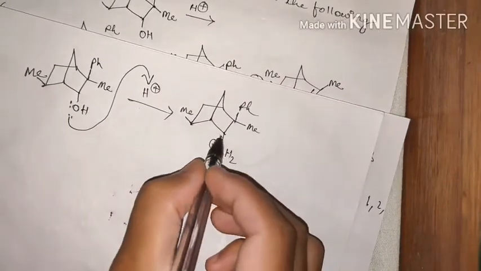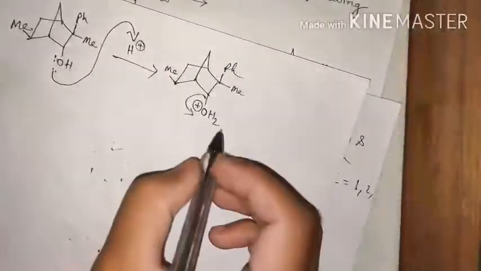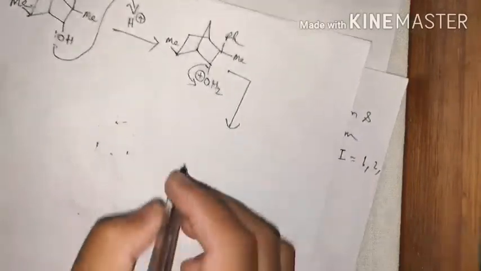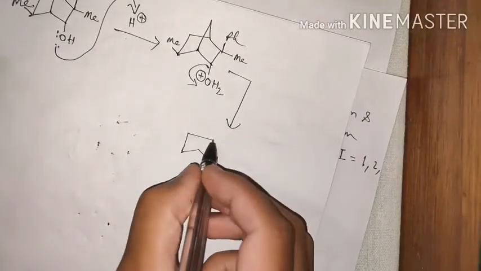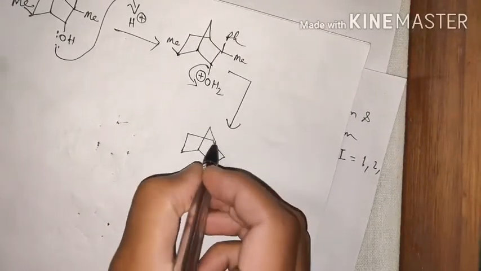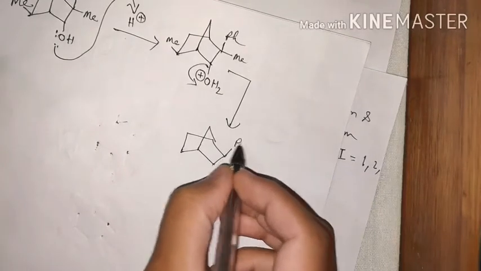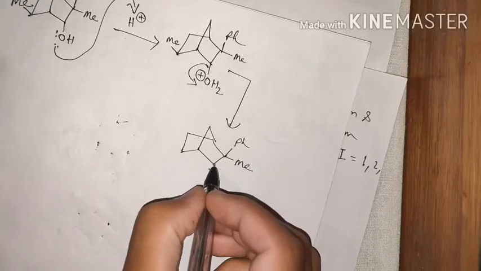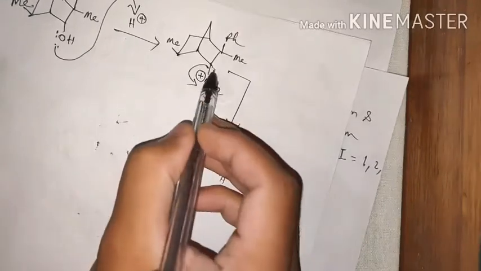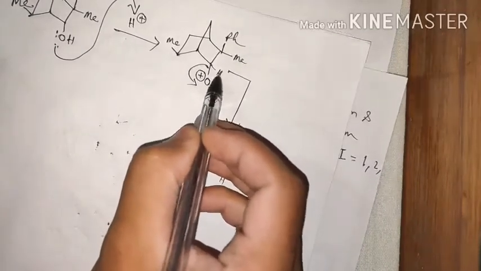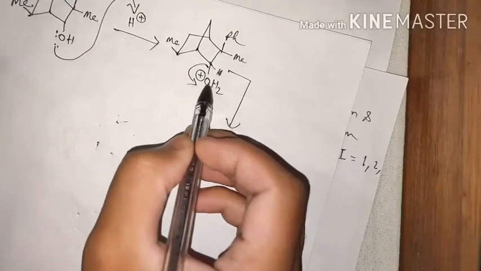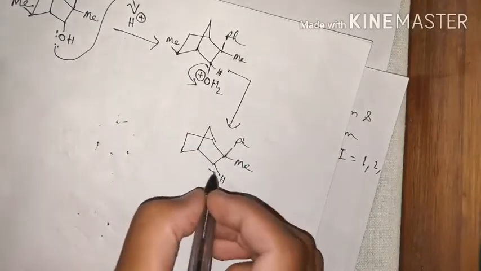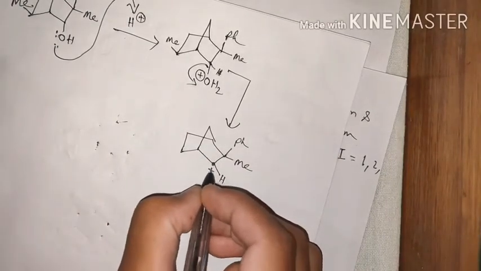Then it will take away this bond and it becomes this. Here hydrogen will be there, no, still there will be one hydrogen on this carbon, and this carbon becomes positive here.